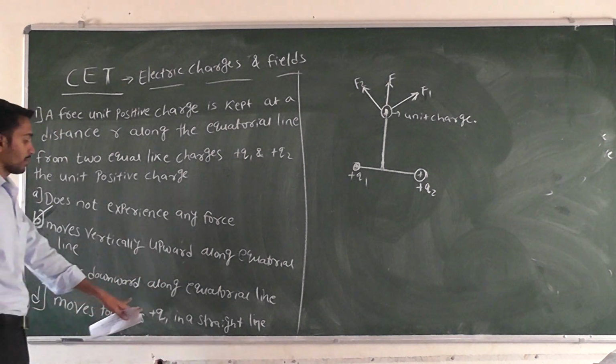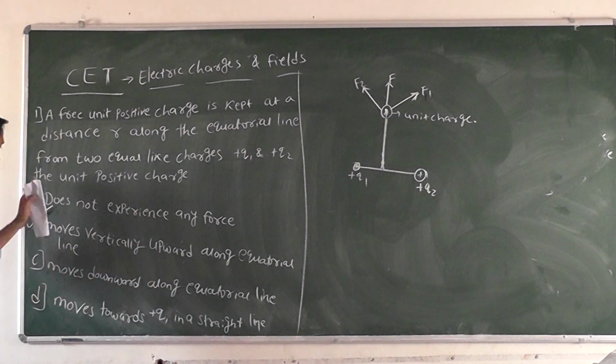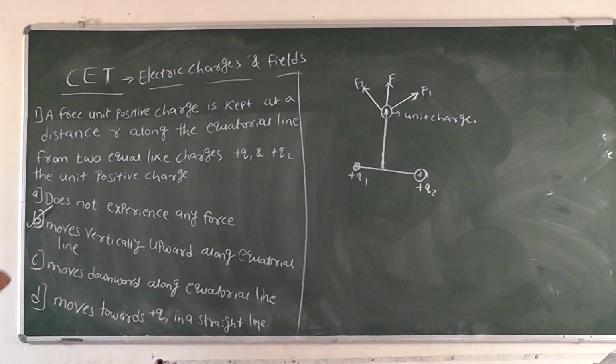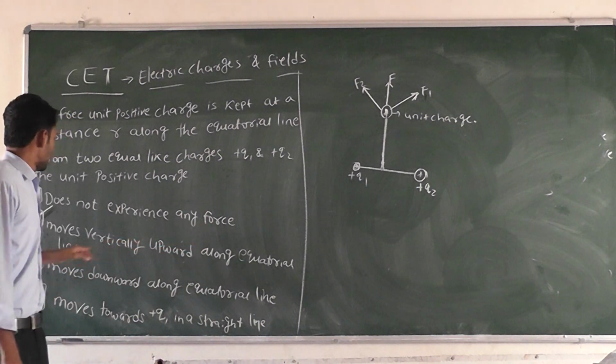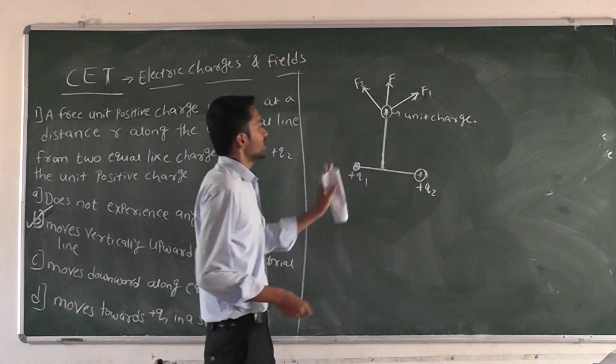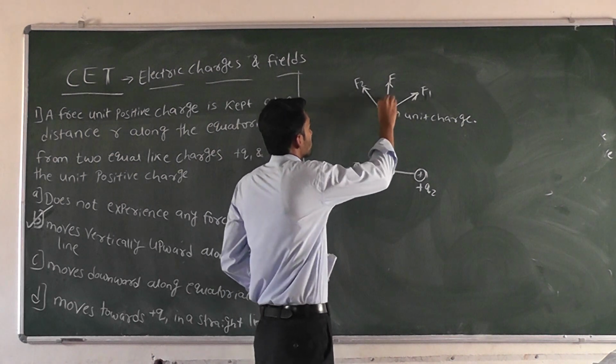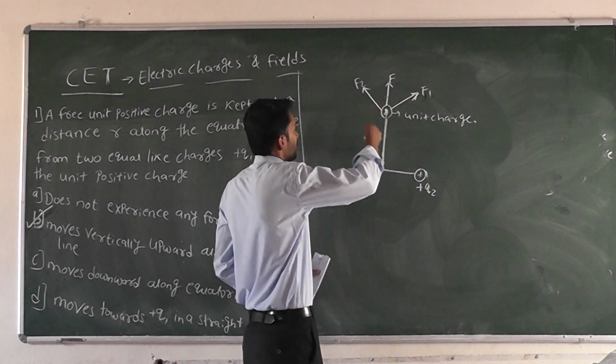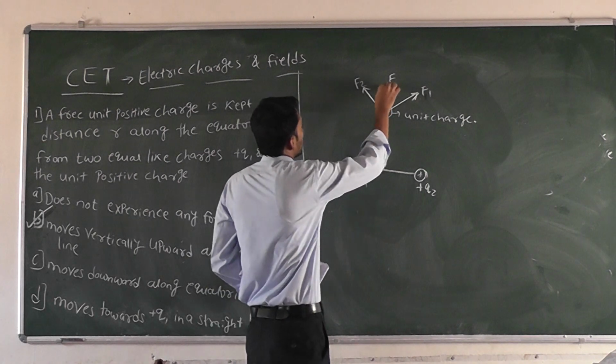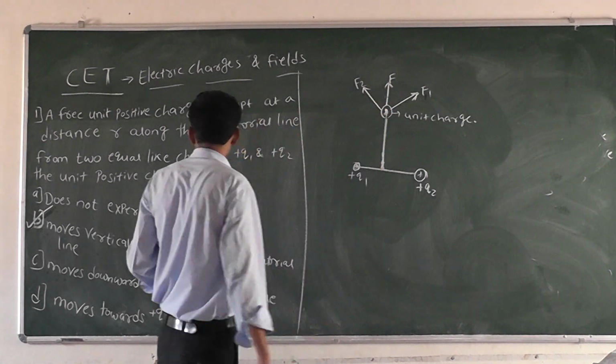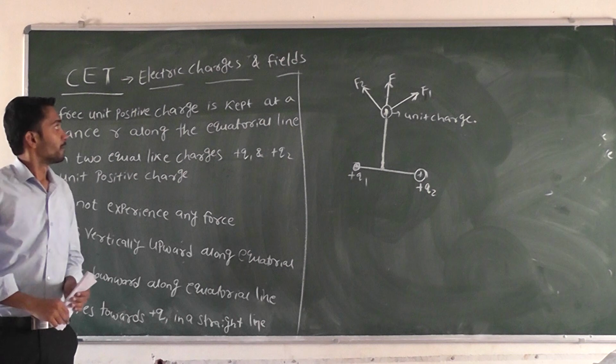Moves towards plus q1 in a straight line is also wrong. So answer B is right, because according to this figure the force is applied in the vertically upward direction on the equatorial line.